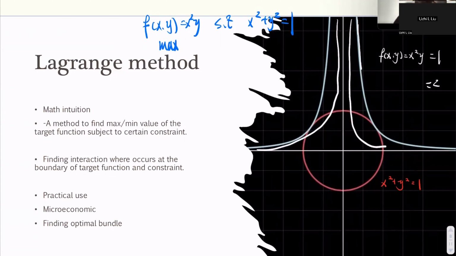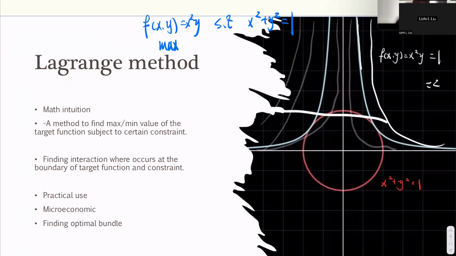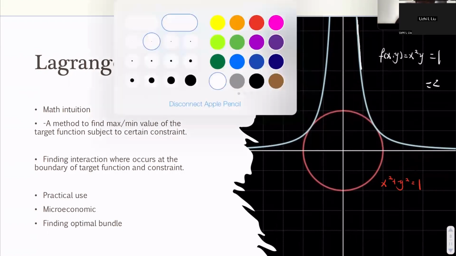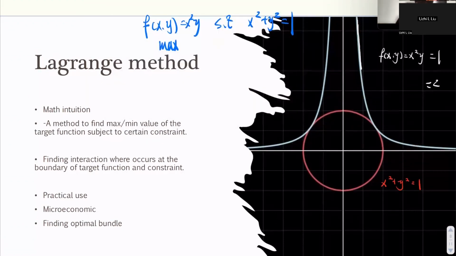What the Lagrange method does is basically we take a look at each contour line, and we look at the intersections that occur at the boundary of the unit circle, which is when we find, I'll use purple, pink. So when we find the point, just like this white line, where it only touches a little bit here, that is when the function is maximized.